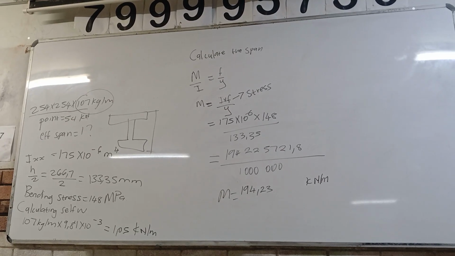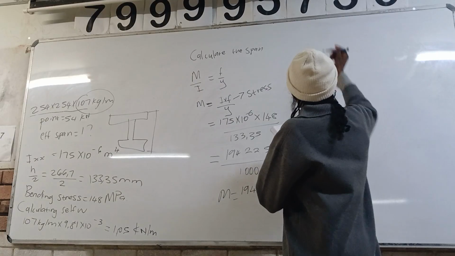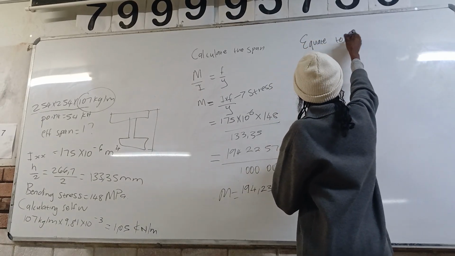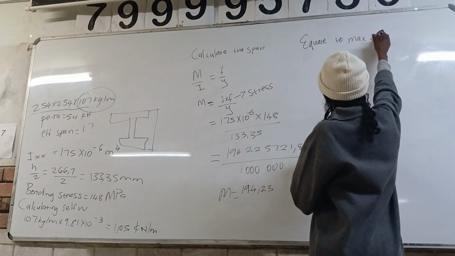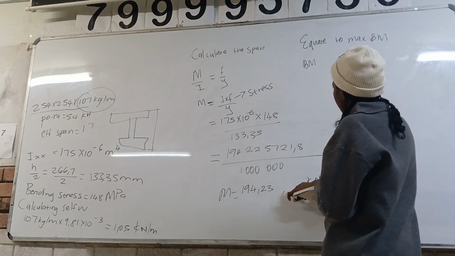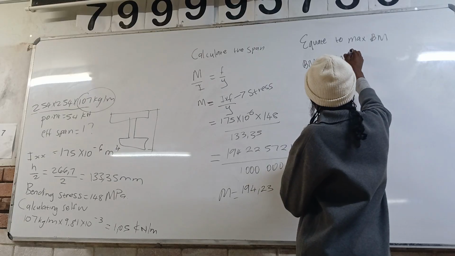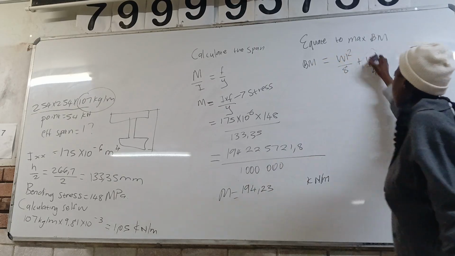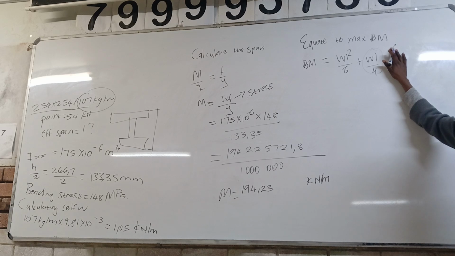Okay, so now let us equate to maximum bending moment. Our bending moment is equal to WL squared over 8 plus WL over 4. The reason we have WL over 4 is because they said it's a point load.